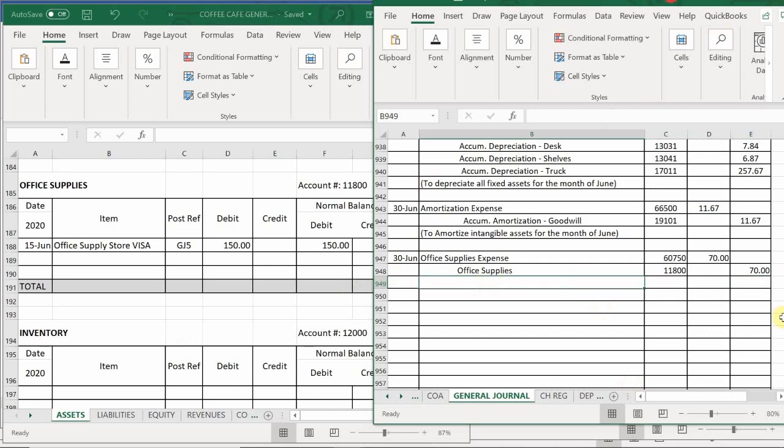And here I'm just going to go ahead and make my note to adjust office supplies for usage in June. I don't know, to use the office supplies in the month of June, whatever you want to say.